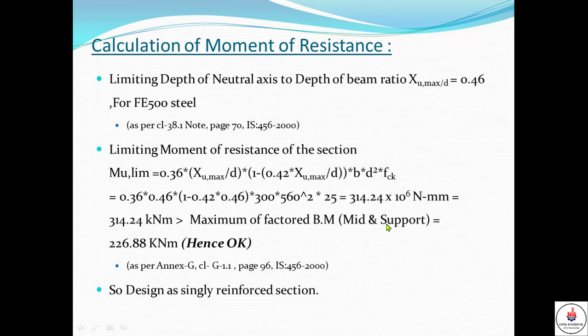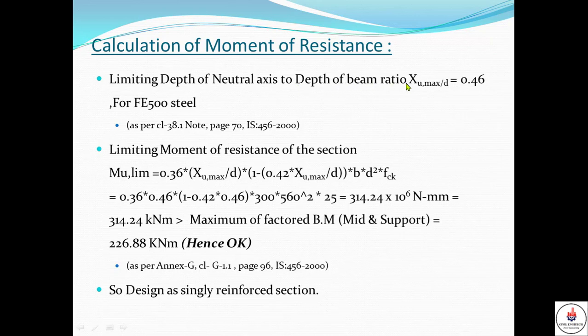We always prefer to design the beam as a singly reinforced section, so we have to find out that the limiting moment of resistance of the section is greater than the acting moment.